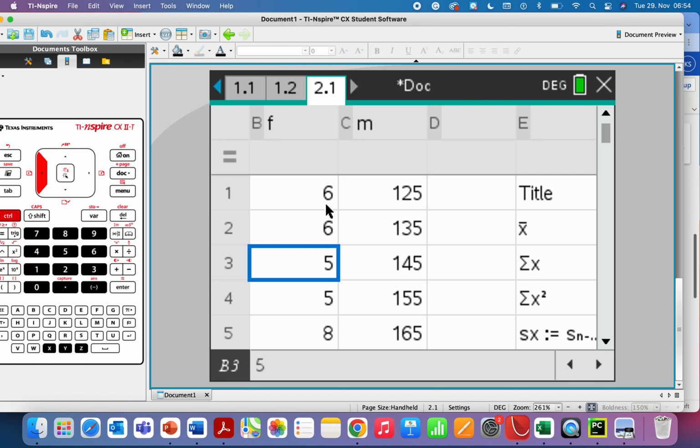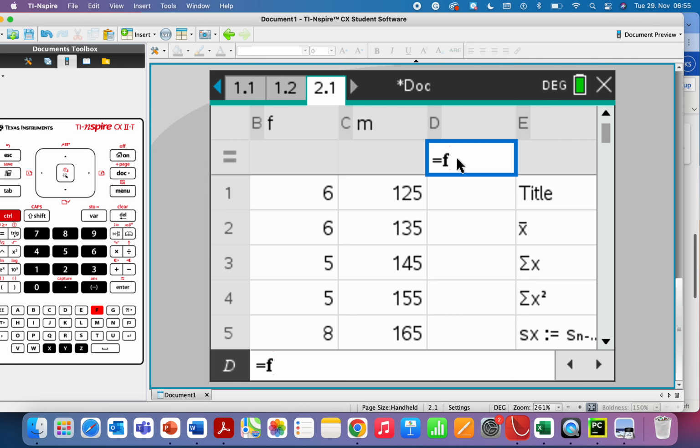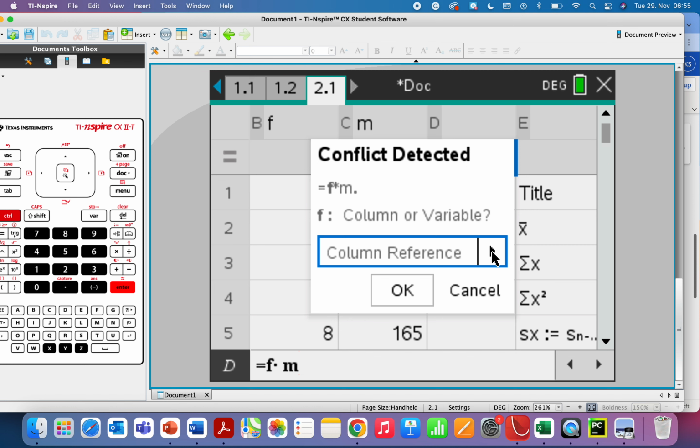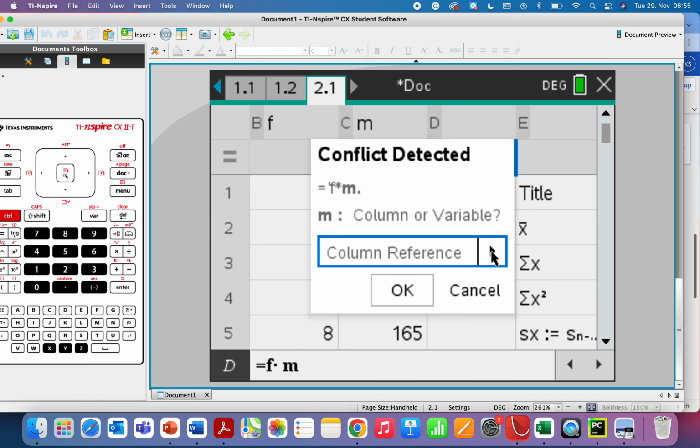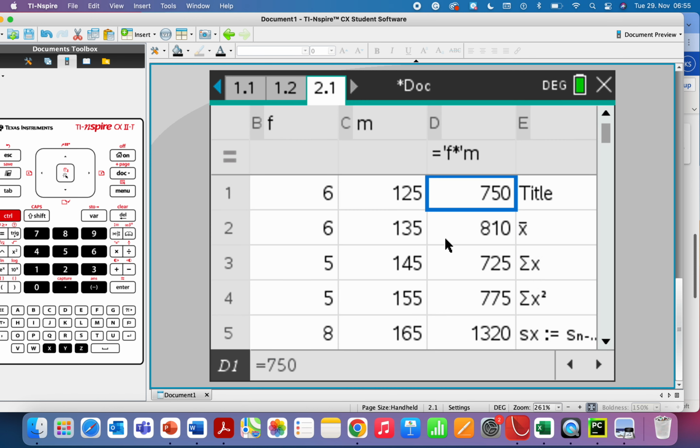So there are 6 people with a height of 125. So if we did 6 times 125, and we can do this here, I can do the formula in here, equals the frequency multiplied by the mean. These are all variable references. And look, 6 times 125 is 750.